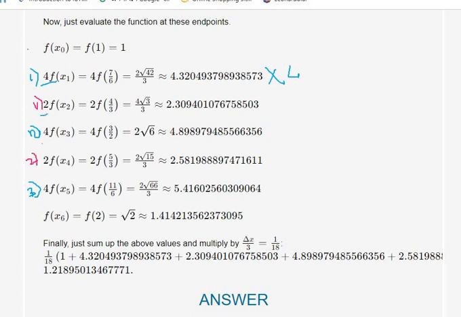Whereas the first one and the last one will be single. Add this up and you will have the area under this curve, or the integration value of this.